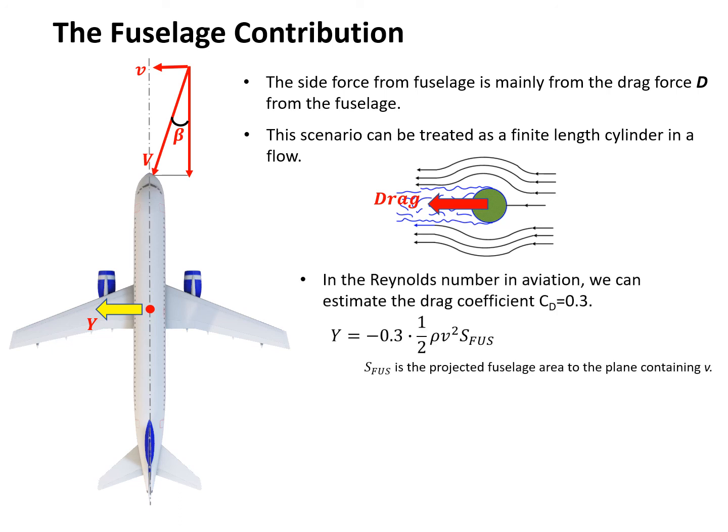But the Reynolds number in aviation is quite big, so we can estimate the drag coefficient as CD equals 0.3, and then the side force, essentially the drag of the finite length cylinder, is minus 0.3 times half rho small v squared times the fuselage cross-sectional area. We notice this small v is far smaller than big V, and then we can assume the fuselage contribution to the side force is usually negligible. So we finish the fuselage contribution analysis.